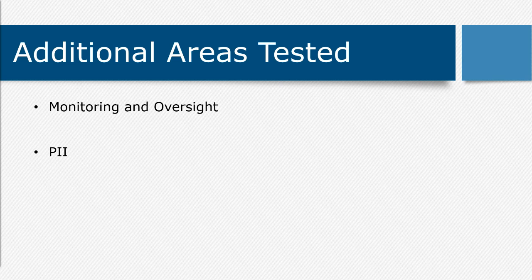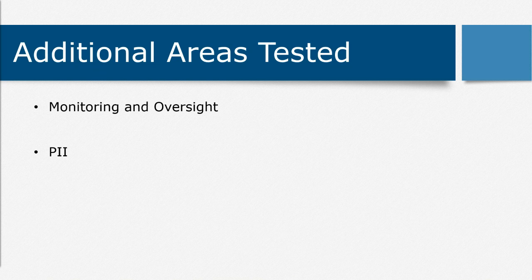PII is information that can be used to distinguish or trace an individual's identity, either alone or when combined with other personal and identifying information that is linked or linkable to a specific individual, which includes social security numbers, telephone numbers, birth dates, marital status, educational history, and financial information, to name but a few. WD letter 02-18, entitled Handling and Protection of Personally Identifiable Information and Other Sensitive Information, provides more information on handling PII.